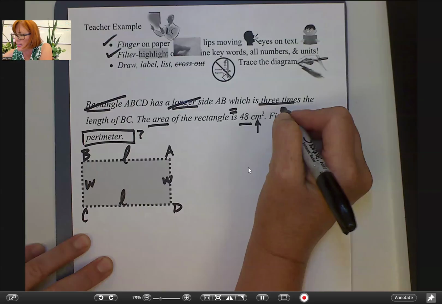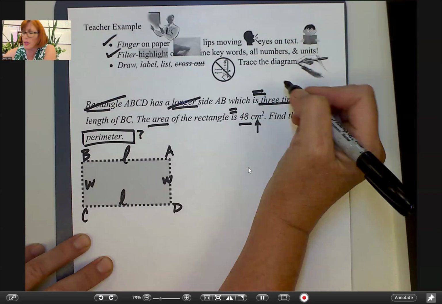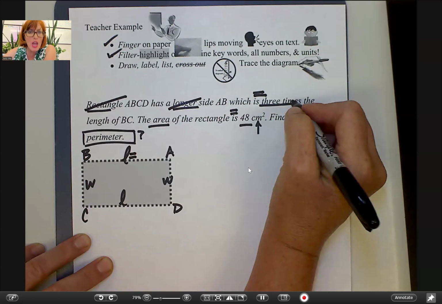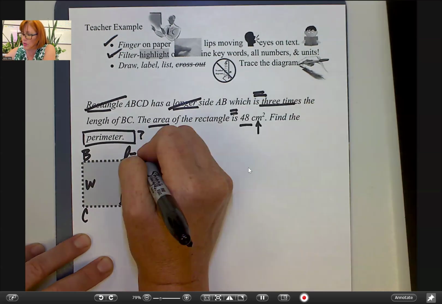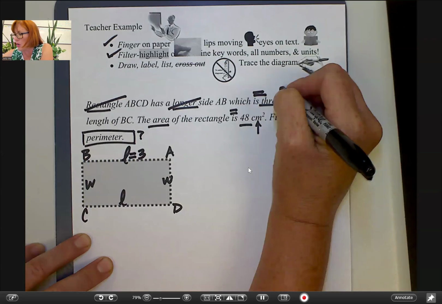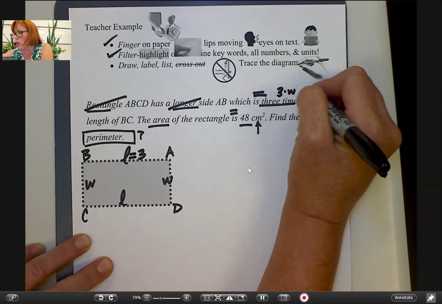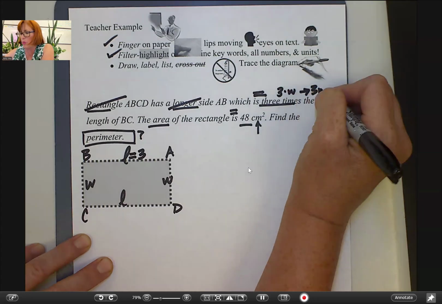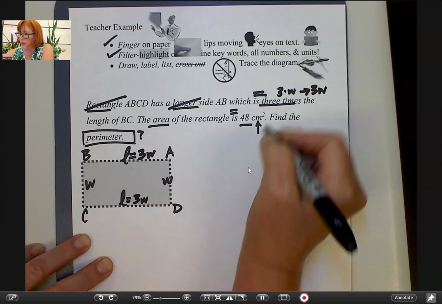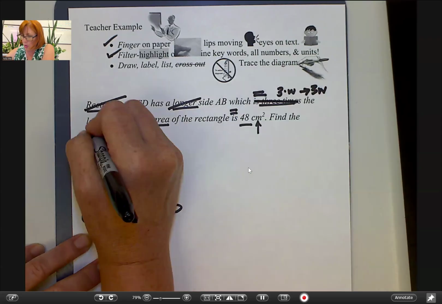The length is, that's an equal sign, 3 times the width. So that's simply 3W. I mean, you would write 3 times W, but you're used to seeing it just 3W. Area.